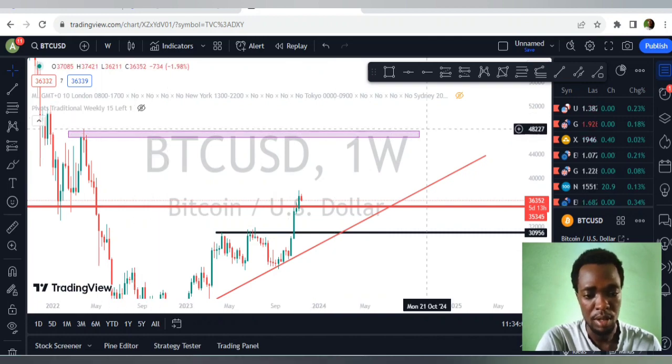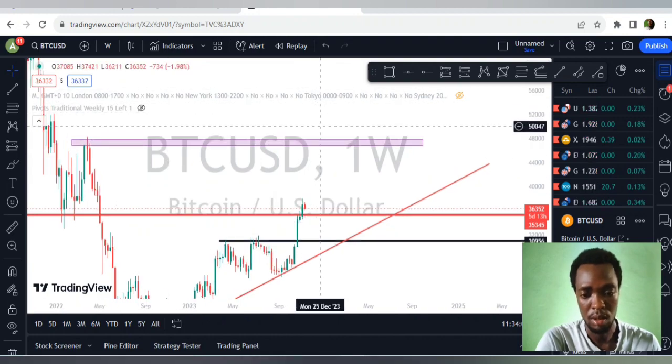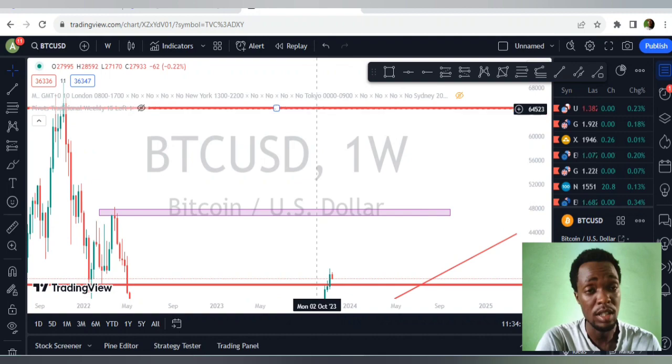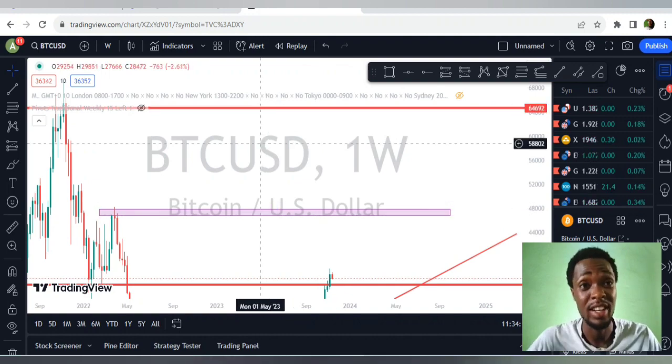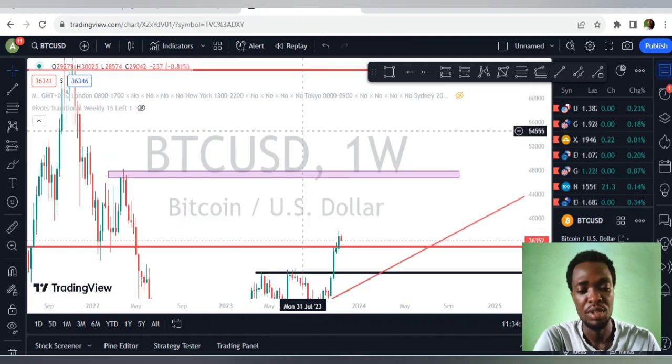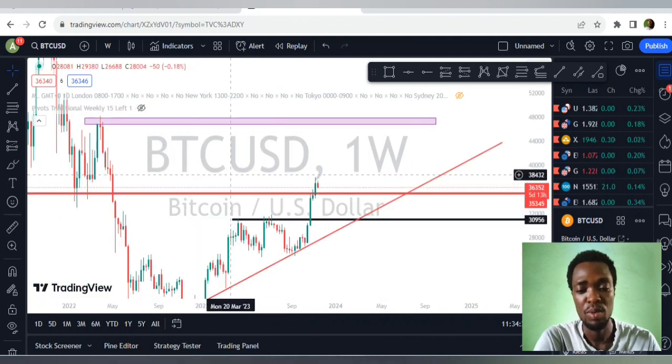All these levels are here already, pretty much drawn. So break above this zone, 47K mark, then we are coming to 64K per coin. Very, very simple.